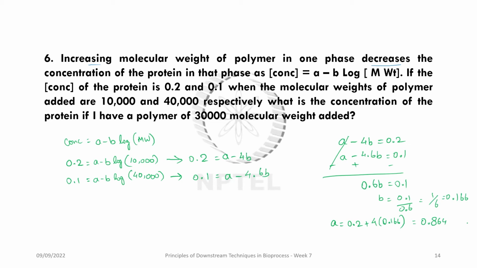I'm going to substitute into this and check because I don't want to be wrong again. 4.6 into 0.166 is 0.7636. What is A? 0.864 minus that answer is 0.1, right? So here we have A is equal to 0.864 and B is equal to 0.166.